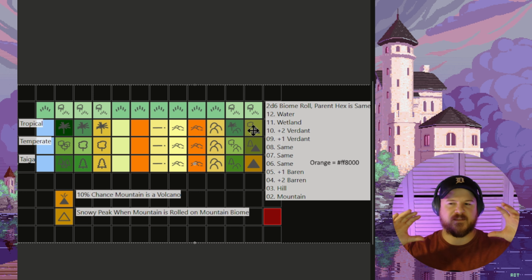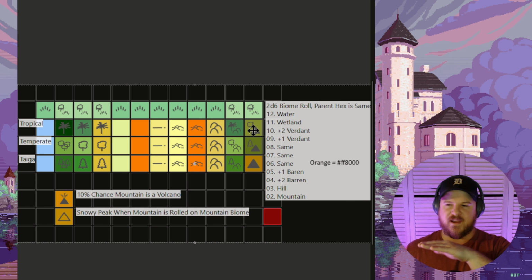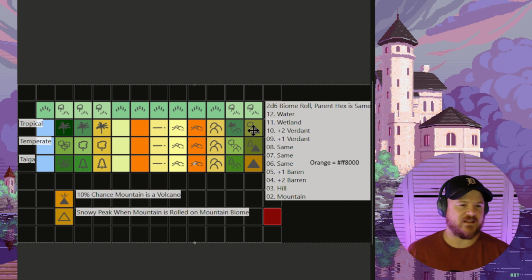That's why steppe farming was so successful, especially in South America. You have tundra, and then as you go up the mountains, you get that temperate zone, and then you can go all the way up to taiga, depending on how tall the mountains are. So this is just to reflect that and tell you what would be there.